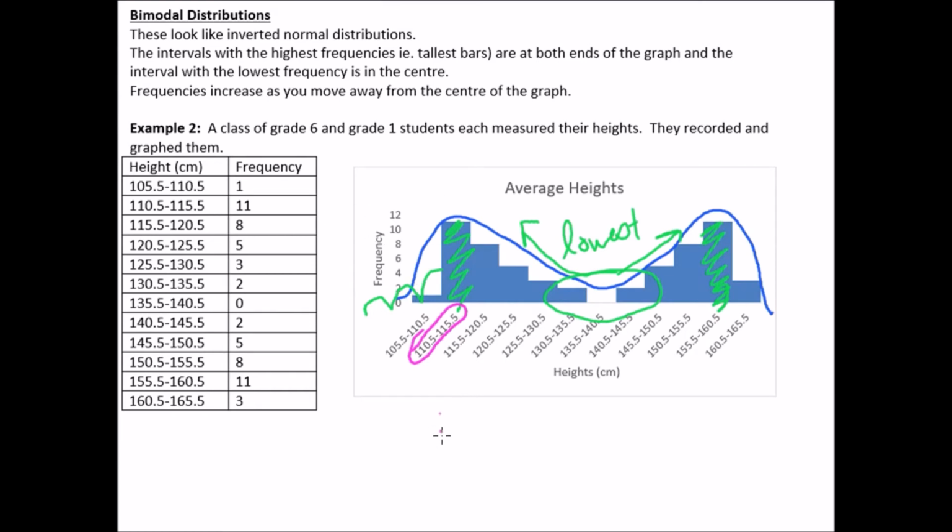But then no one's really going to be in the middle. And then all of a sudden grade 6 is much taller, 155.5 to 160.5. So we have two separate and different peaks, and that can be a result of the age difference.